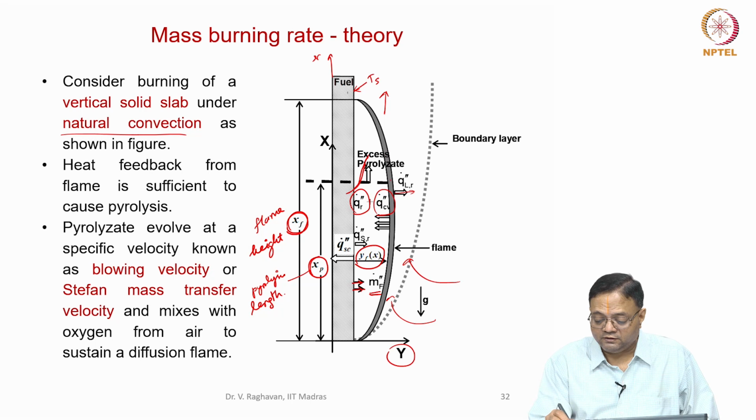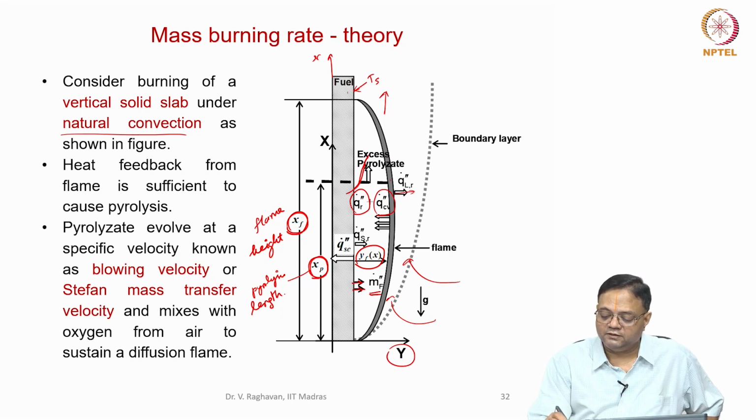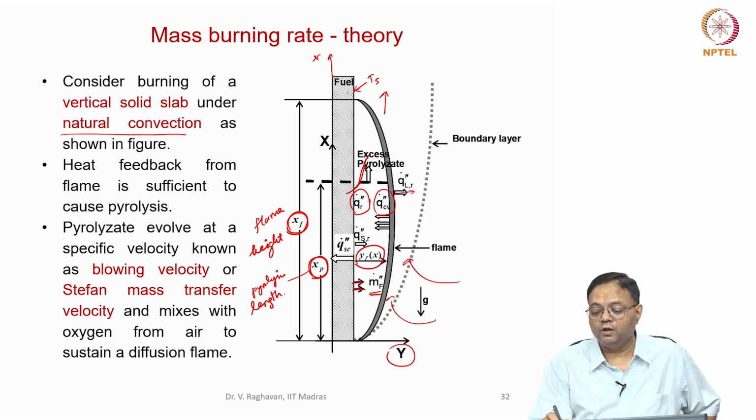Pyrolysis occurs, that is, the fuel gases are generated only at a distance where pyrolysis has occurred. So, in the distance xp, pyrolysis gases are generated, it goes out and feeds the flame, but all the pyrolysis gases are not going to be consumed within this height itself, xp itself.